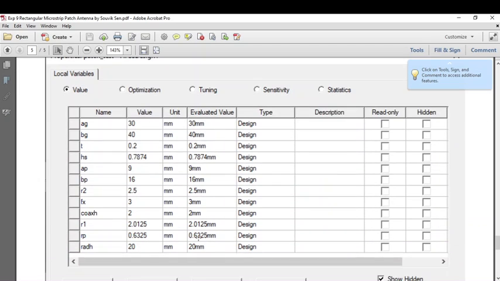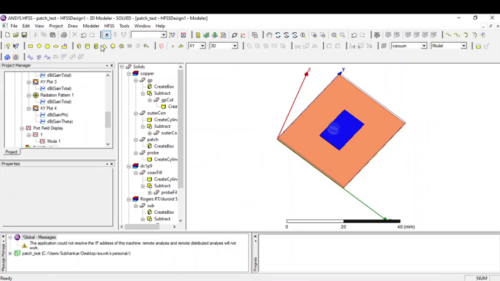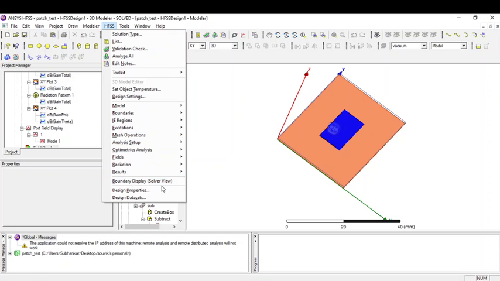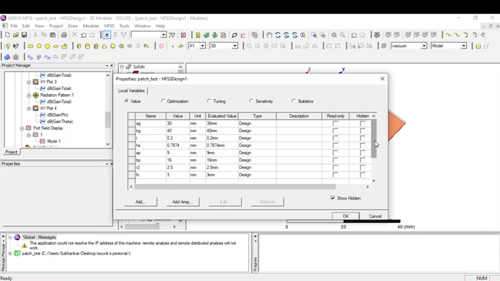We can also show the design parameters from HFSS and design properties.